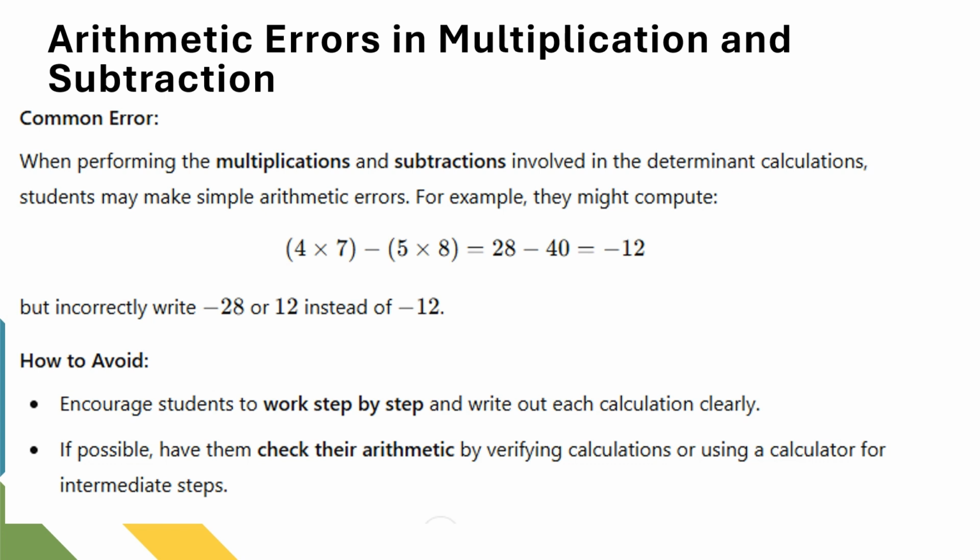How to avoid this? Students are to work step by step and write out each calculation clearly. If possible, have them check their arithmetic by verifying the calculation or using a calculator for the steps.